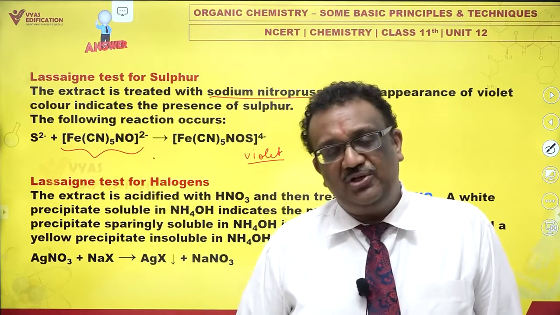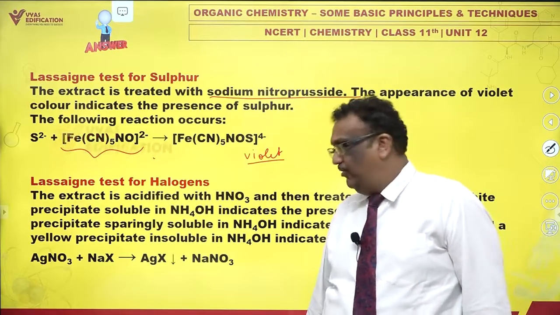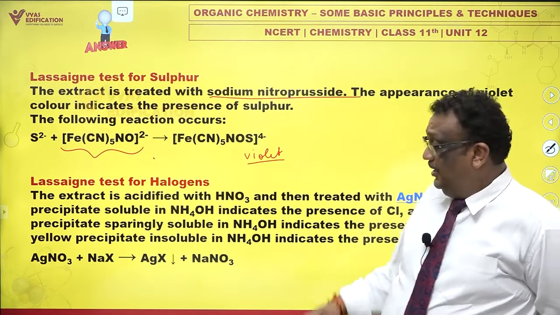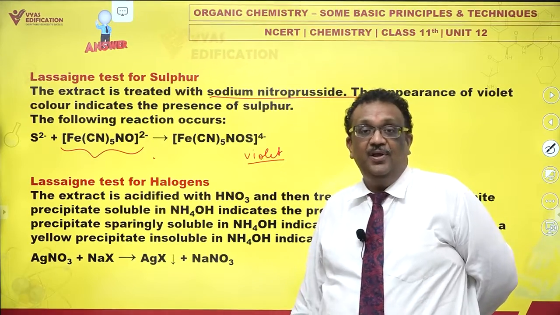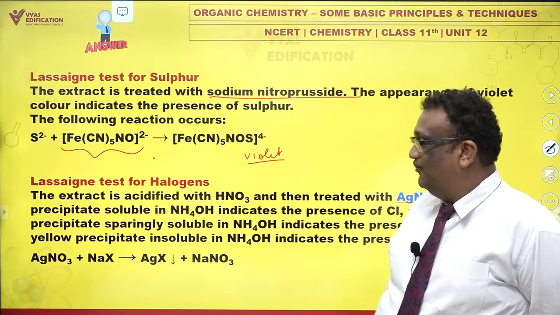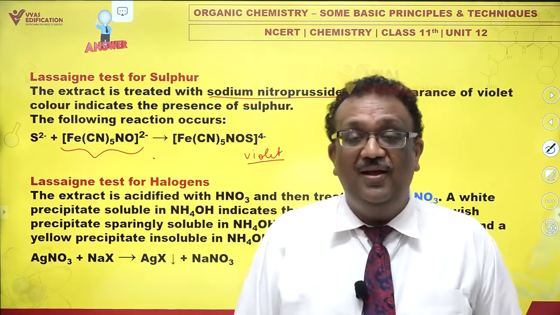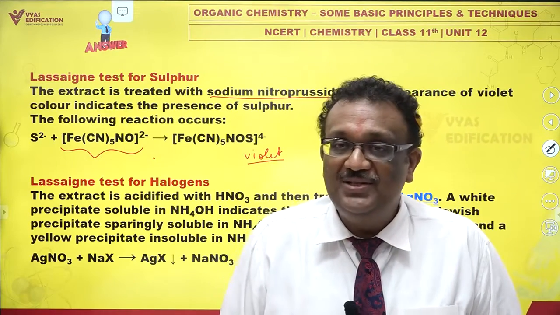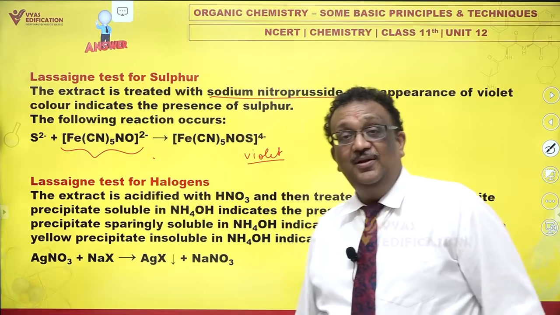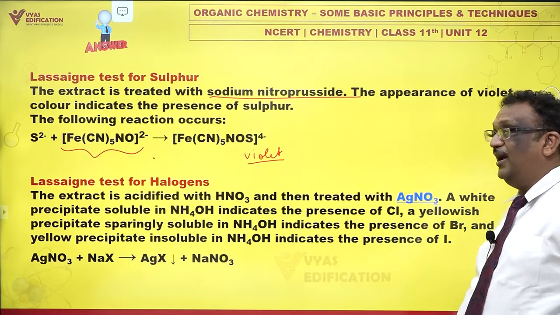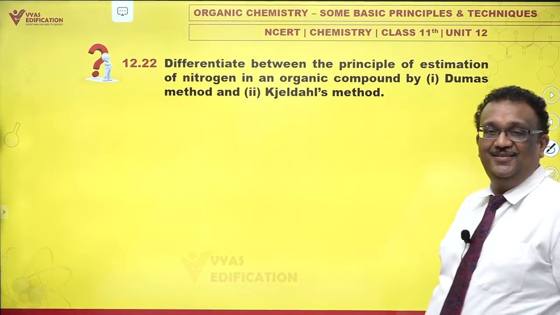AgBr dissolves partially with difficulty in dilute ammonia especially, and AgI fails to dissolve in dilute ammonia absolutely. This is again a beautiful confirmation and distinction for chloride, bromide as well as iodide. These are Lassaigne's tests for nitrogen, sulfur and halides.